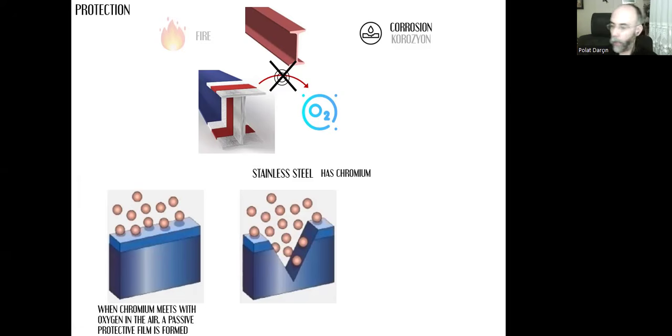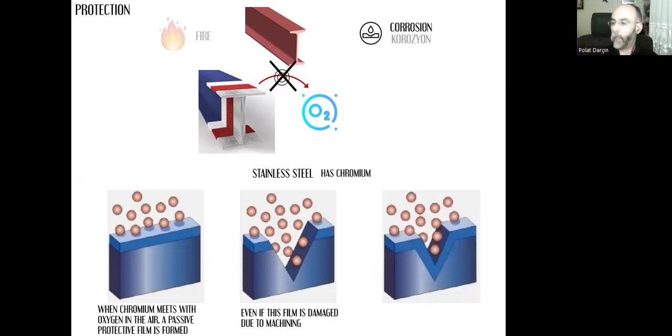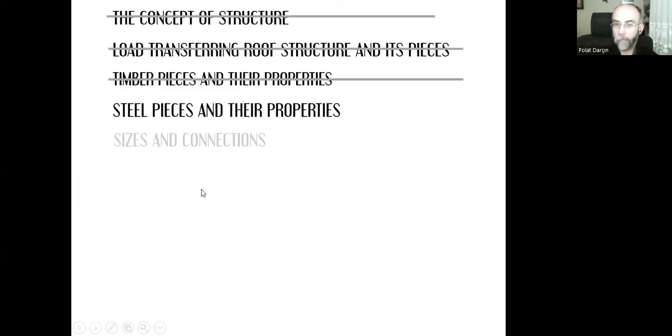We don't need to do anything. Even if we cut it, drill it, change the shape, the oxygen atoms will react with chromium, and instantly they will create the passive film. That's why stainless steel doesn't get rust and corrosion due to rusting.